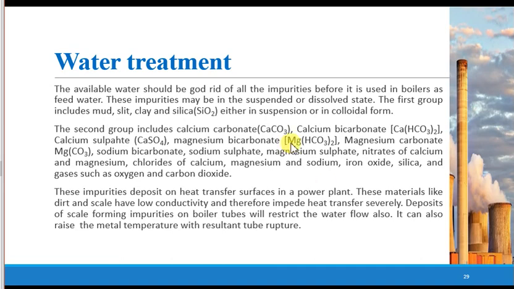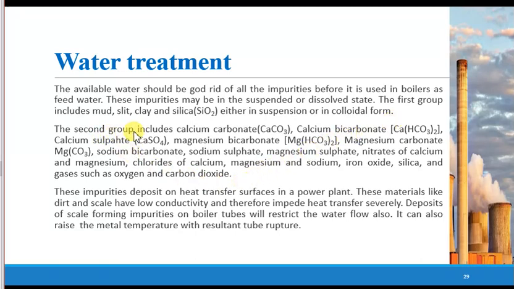You can see here that we have two categories of impurities in the water. The first group includes mud, slate, clay, and silica, etc., either in suspension or in colloidal form.